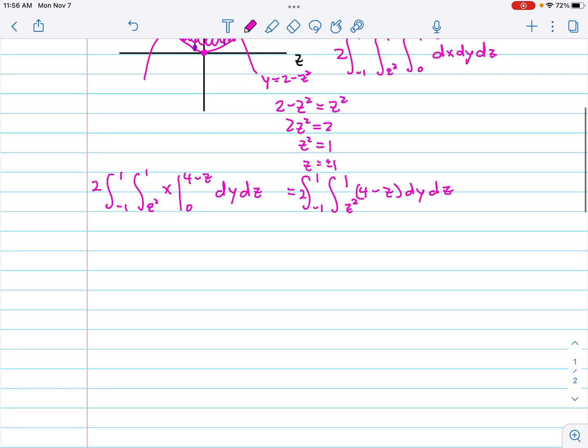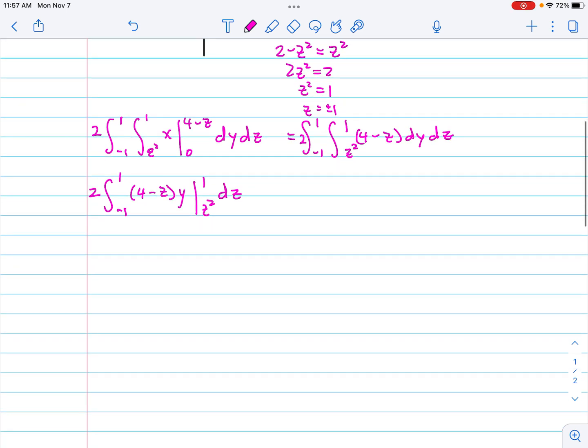Okay. Now I'm going to integrate with respect to y, and here's what happens. I've got negative 1 to 1. That doesn't change. But here I've got 4 minus z times y from z squared to 1, and then dz here. Okay. So let's see what this is going to be now. We've got 2, negative 1 to 1.